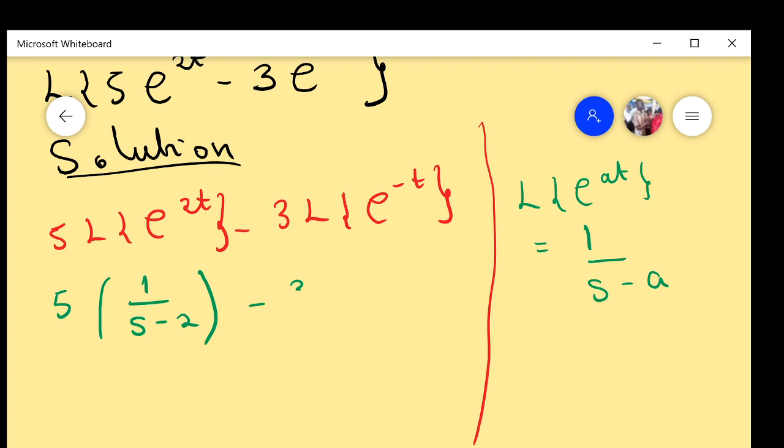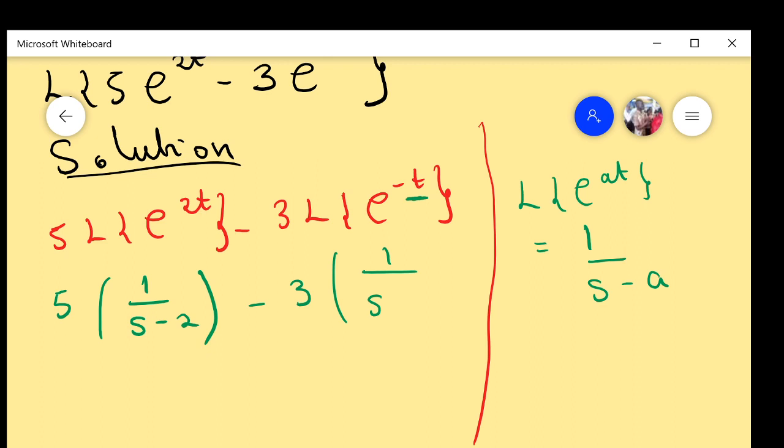Minus 3 times the Laplace transform of e to the power minus t. This time it is minus, so we are going to have s minus a with a being minus 1.